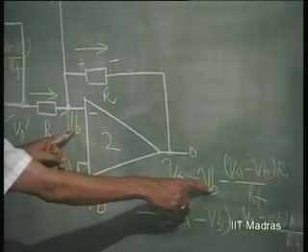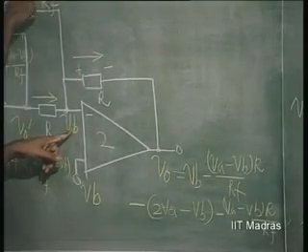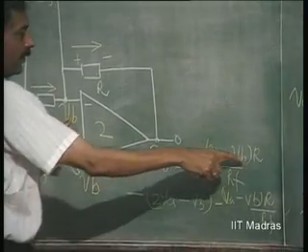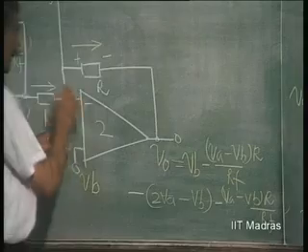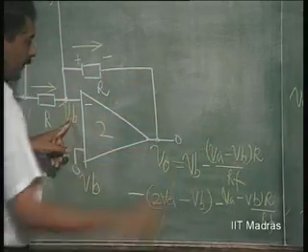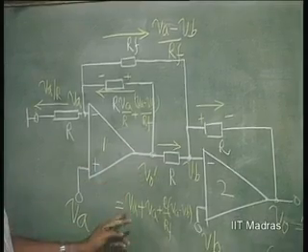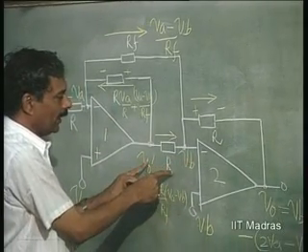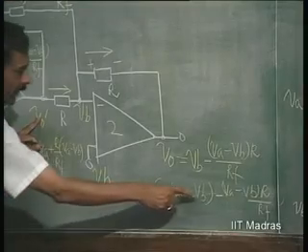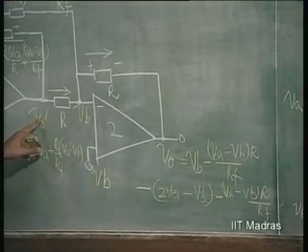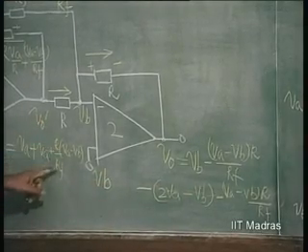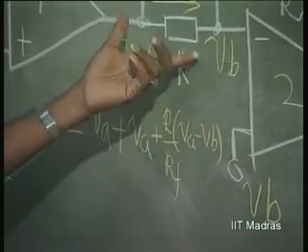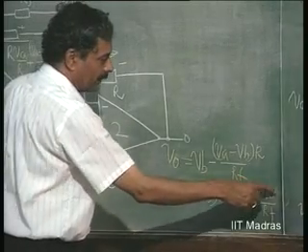So, V naught is equal to VB minus, one current will take VA minus VB by RF, that into R. So, minus VA minus VB into R by RF, that is this part of the current going through this and generating voltage. Then this current, which is twice VA minus VB by R into R. So, twice VA minus VB, one potential, and R by RF VA minus VB divided by R multiplied by R. So, that minus VA minus VB R by RF.